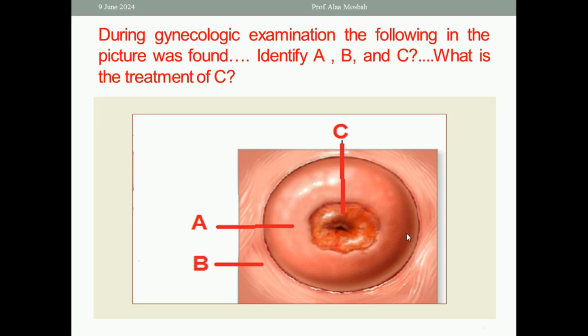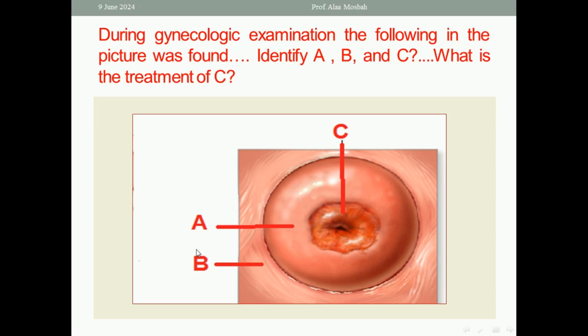Okay. The patient with cervical ectropion may complain of vaginal discharge, post-coital bleeding, intermenstrual spotting, back pain, dyspareunia. So this symptomatic woman is the one who needs the treatment.